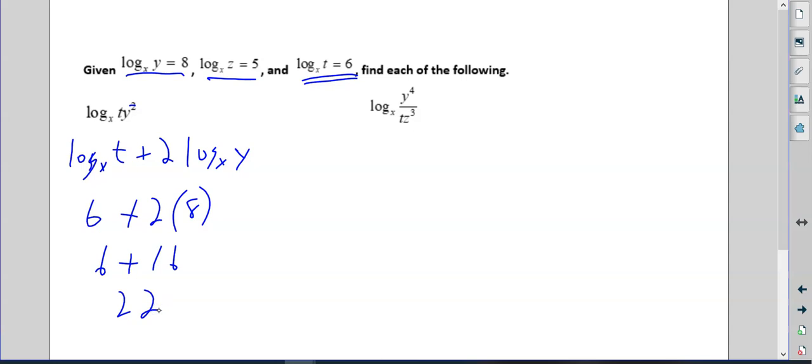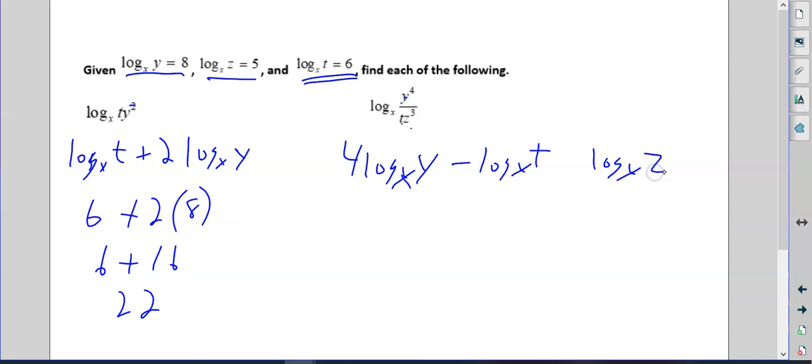Right here, we're going to write log x 1, 2, 3 times. Okay? For the y, log x of y, the 4 is going to come out in front. The t is on the bottom, so that's going to be a subtraction.